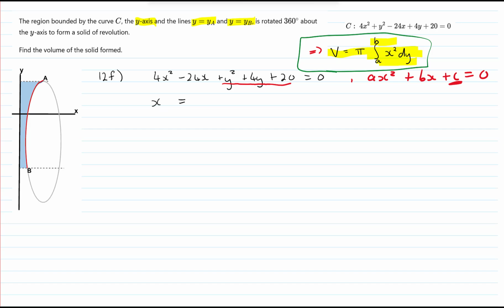So now we can just use the quadratic formula. We're going to get x is equal to negative b, which will be positive 24, and then plus or minus. I'll sort out this plus or minus a bit later on.